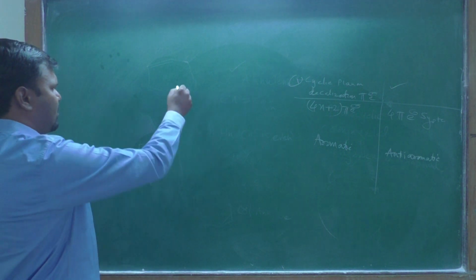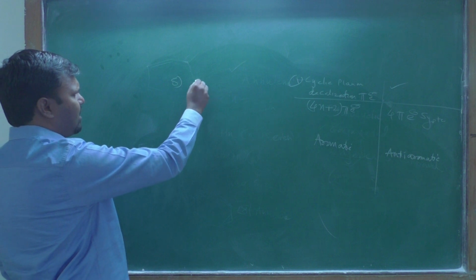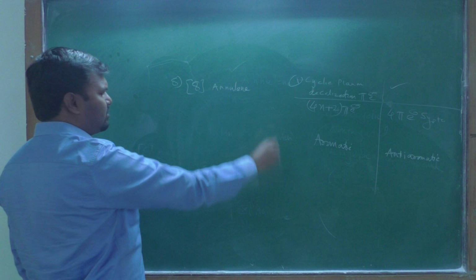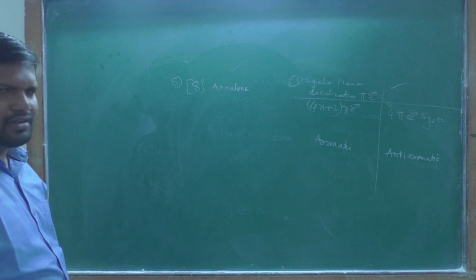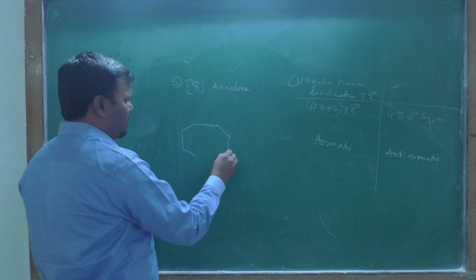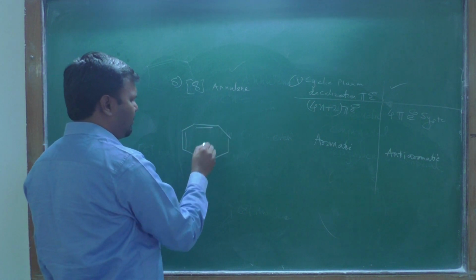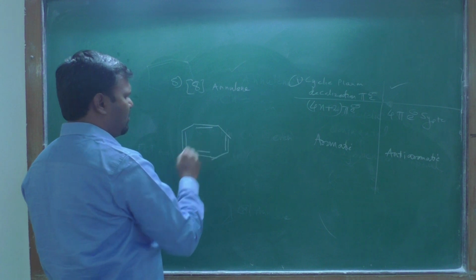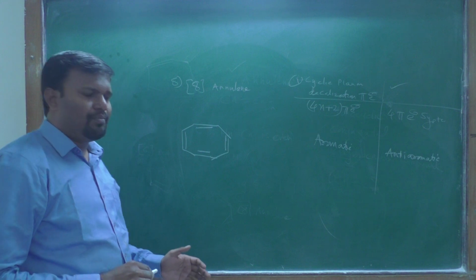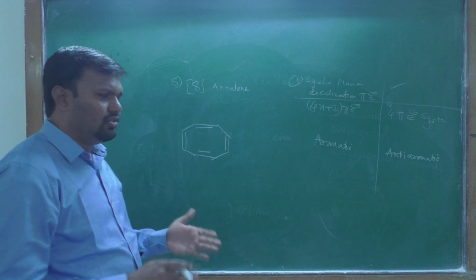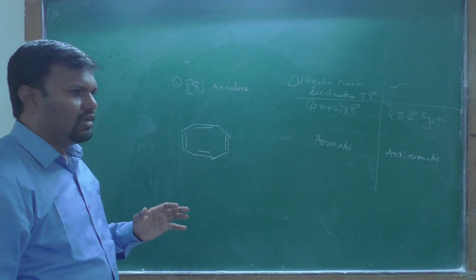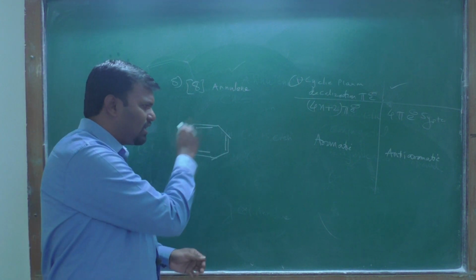Let us see the first example, [8]annulene. Okay, [8]annulene is the cyclooctatetraene compound. This compound has 4 alternate double bonds, and for an annulene compound there is no such condition that it should be planar. The only condition is that it is monocyclic, only one ring is there.